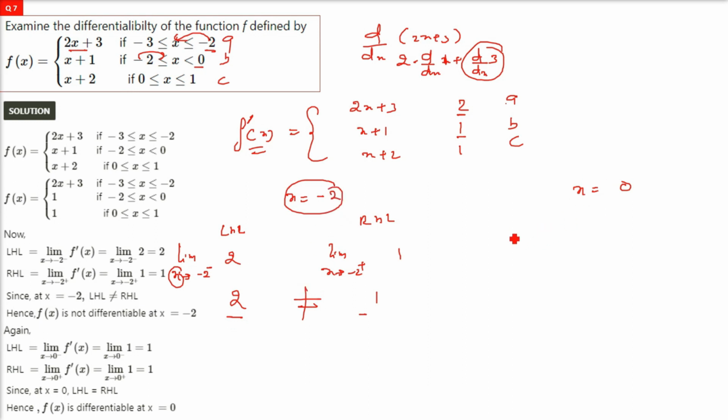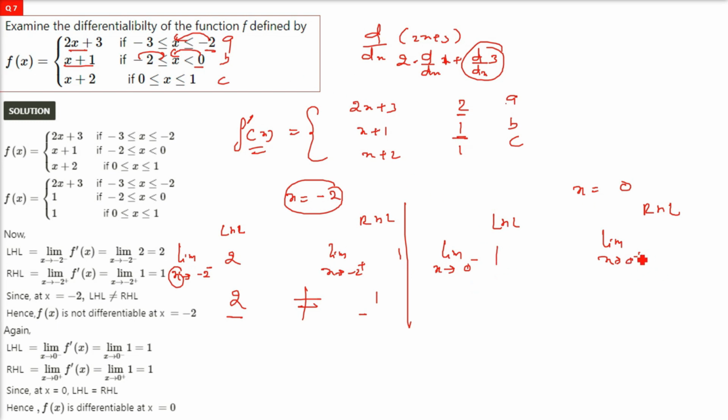Let us check at x equals 0. LHL and RHL for the derivative, right? So at x equals 0, again same thing we are going to write, limit x tends to 0 minus, that is on the left of 0, and limit x tends to 0 plus, that is on the right of 0. So for 0 minus, we have to use this x plus 1 function, but the derivative is 1, we already found out.